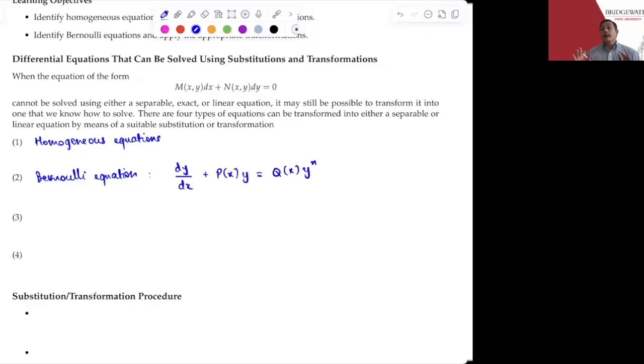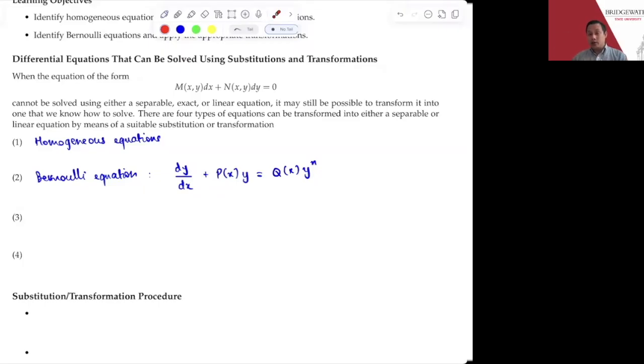If you notice, this looks very similar to the type of differential equations where you can use the integrating factor. The left-hand side is very similar, however, on the right-hand side you still have q of x times y to the power n.